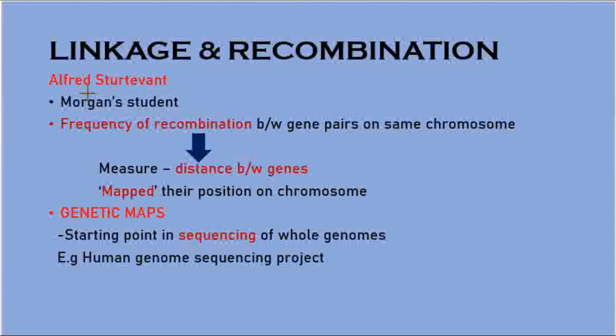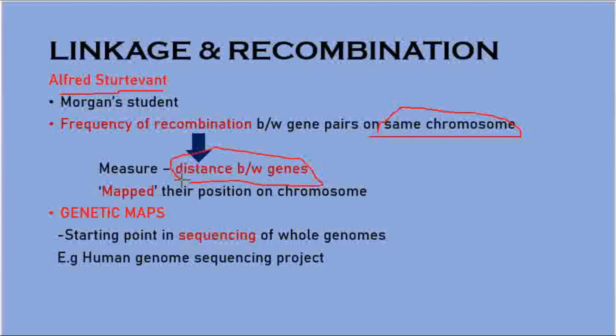So next, Alfred Sturtevant. Alfred is a student of Morgan. He said that by this data, if you have the frequency of recombination between gene pairs on the same chromosome, we can determine or measure the distance between genes.